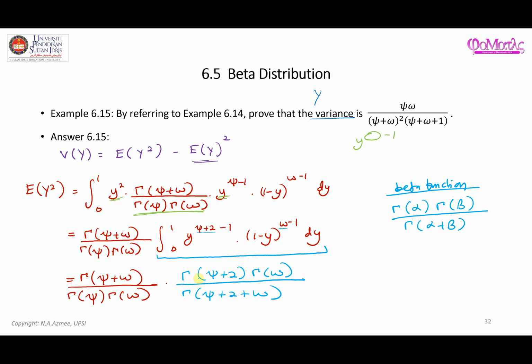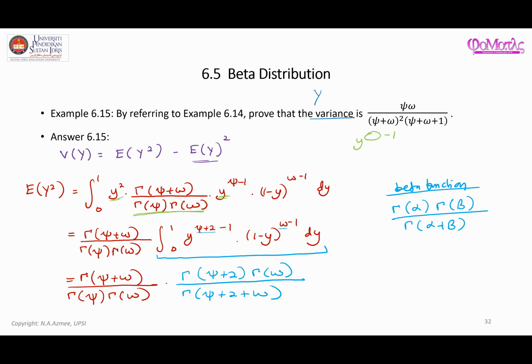So this is the result from the idea of beta function. You just apply it right here without having to go through the process of integrating this function. Pretty simple, isn't it?